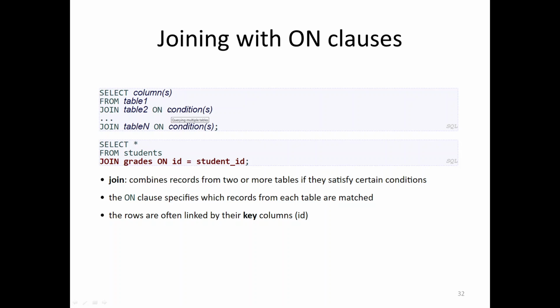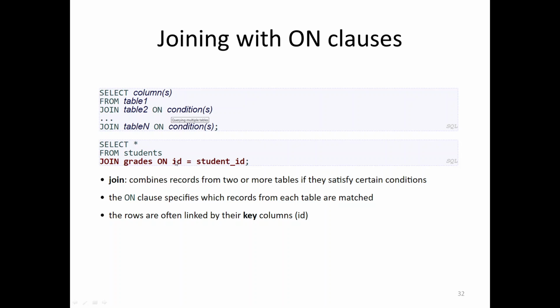Most of the time, these conditions are just the mapping between the primary key and the foreign key. Remember, we usually use relationships based on primary key foreign key relationships, and when we are joining tables, we usually want to join them using primary key foreign key relationships.